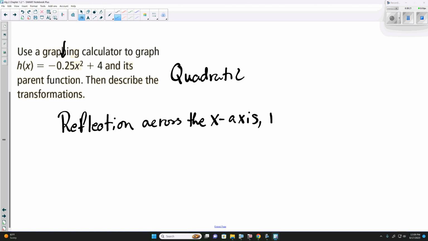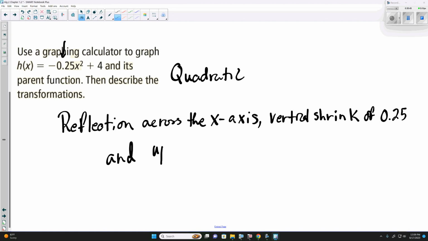Vertical shrink of 0.25. And then it's left, right, but it's going right. Left, right is in parentheses, so the last one is up, down. Up, how far?